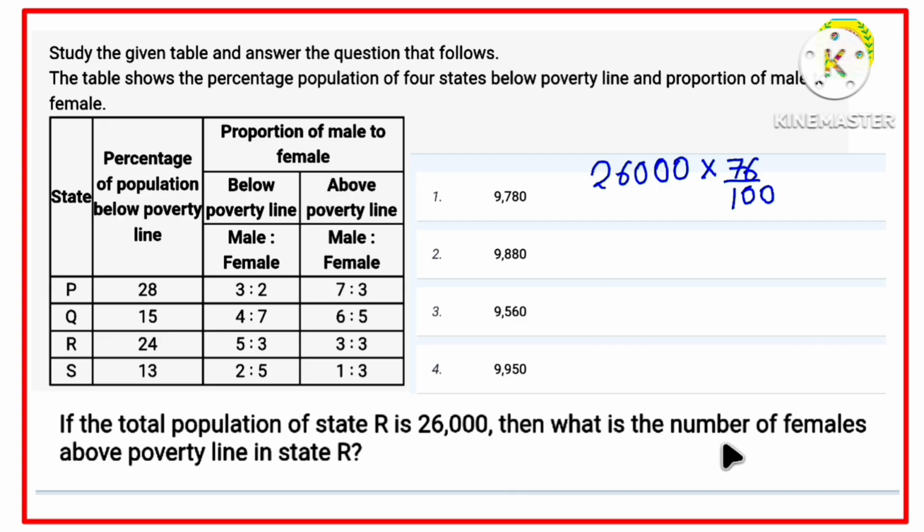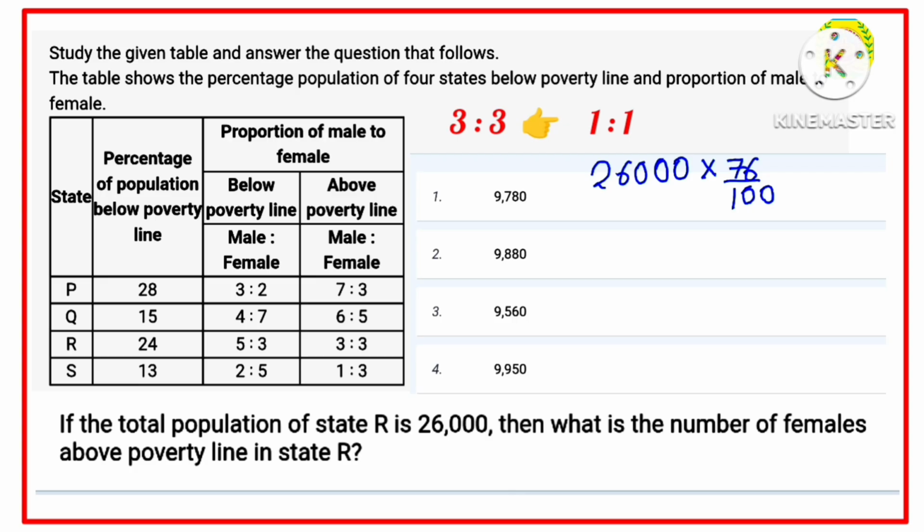But you are asked to find out the number of females who are above poverty line. And here the ratio of male and female above poverty line is given to be 3:3 in case of state R. 3:3 means what? It means 1:1. You can cancel by 3, you will get 1:1.